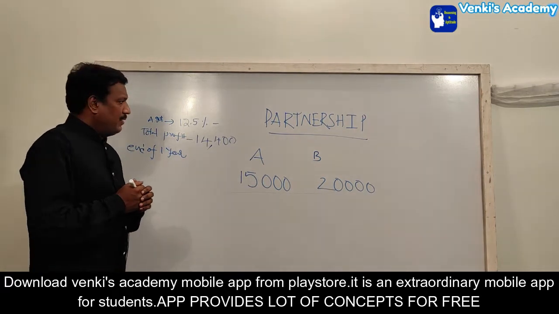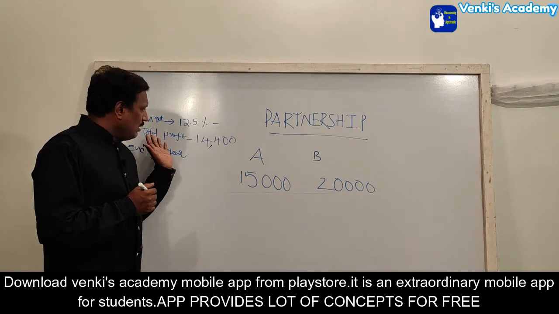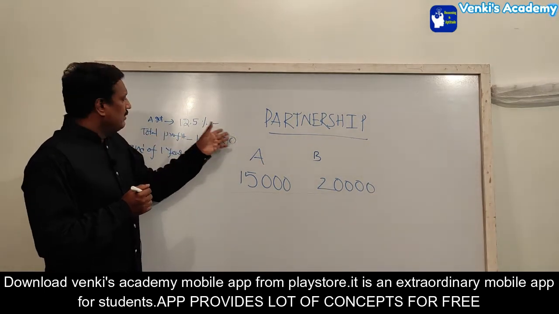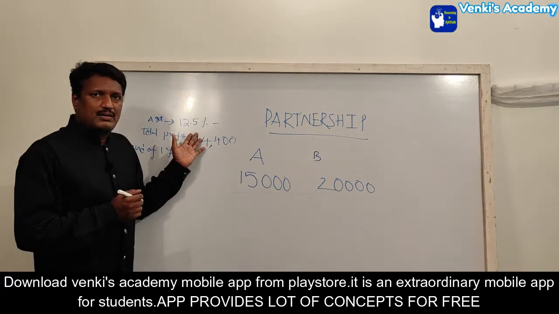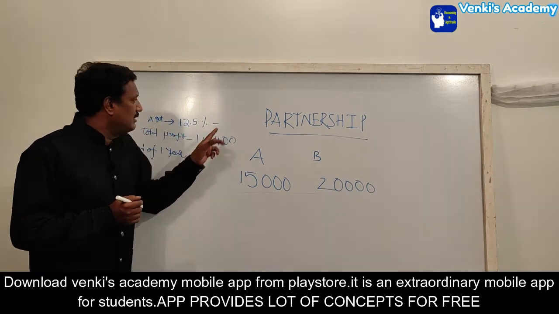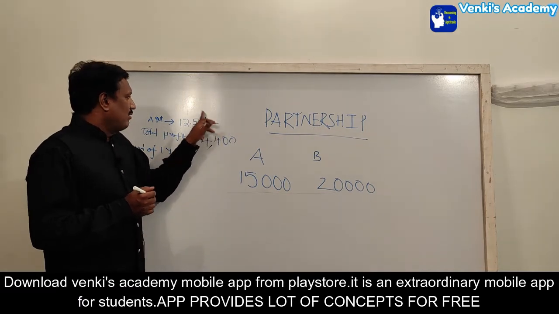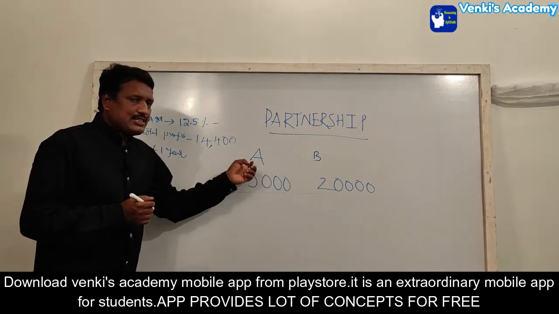Actually, the total profit is 14,400. In this 14,400, A got 12.5%, not as a profit share. This is only for the sake of the risk amount, for the sake of B's activities which he has done.